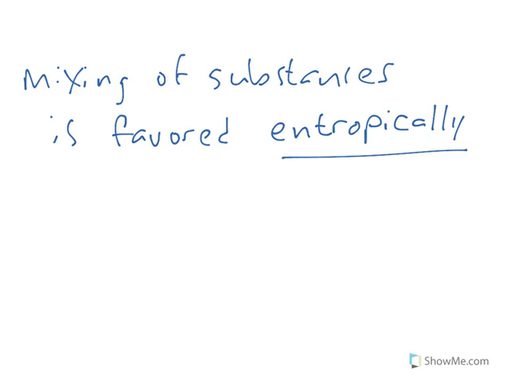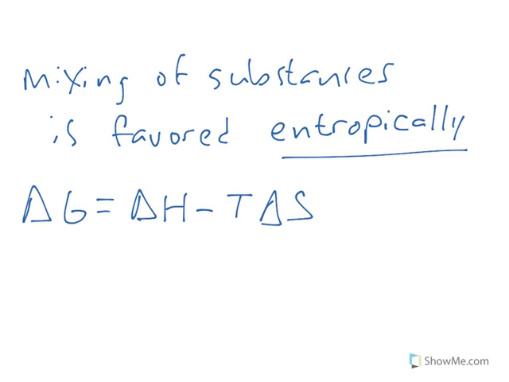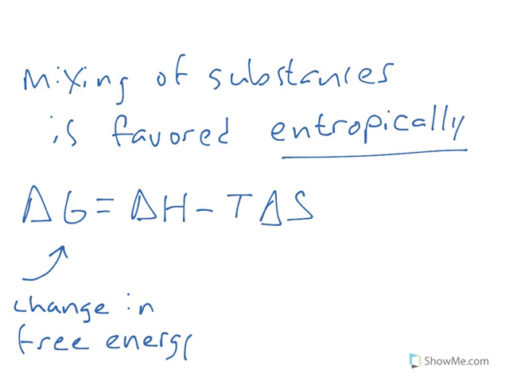So before we move on, we're going to take a look at Gibbs free energy, which is defined by this equation. Over here we have change in free energy, and here we have the change in enthalpy.